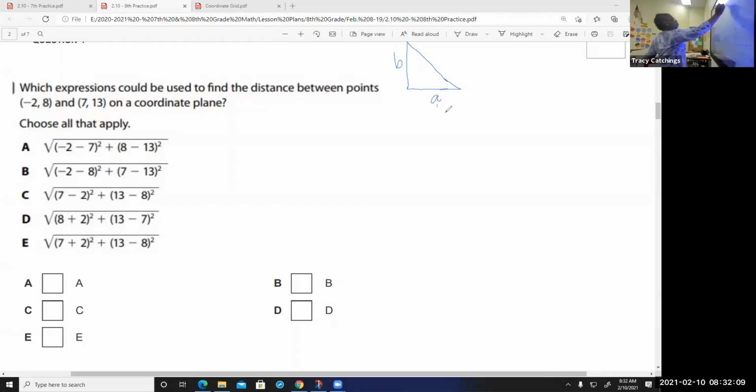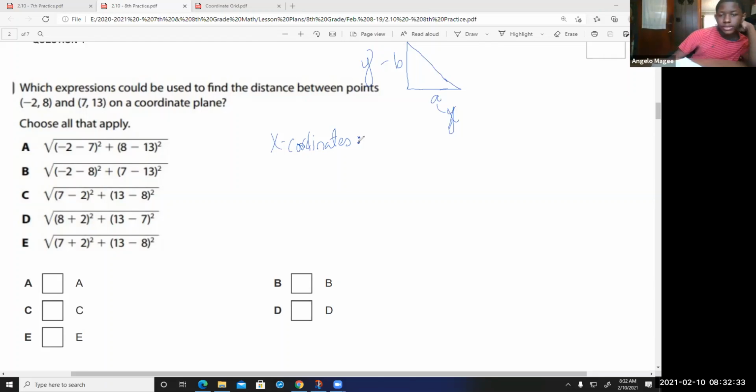And so that means B would be the y-axis. So those are the points we would look at to determine A as well as B. So looking at A, we said that would be our x coordinates. What are our 2 x coordinates? -2 and 7.